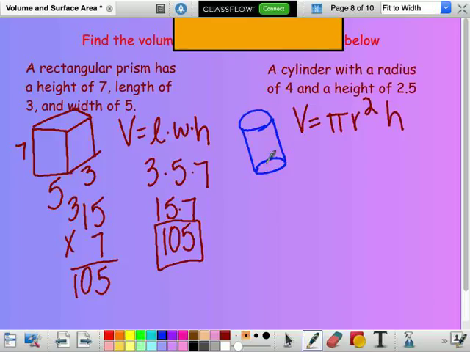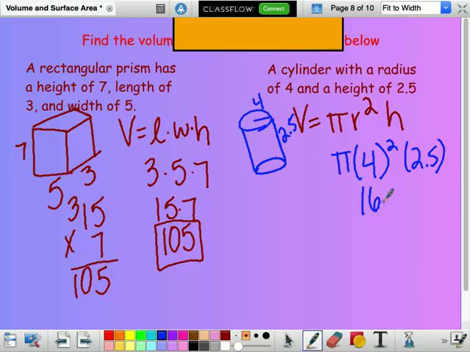All right, so it says your radius is 4. So I know that this is 4. And the height is 2.5. All right, so I have pi times 4 squared times 2.5. 4 squared is 16 times 2.5.